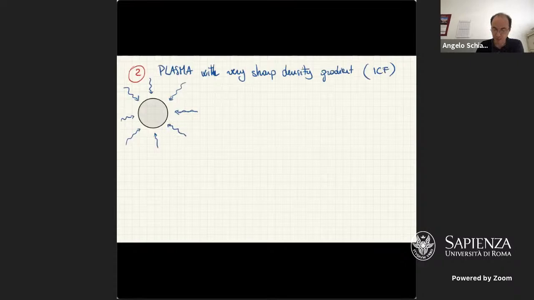And starting from solid density, we have a very dense plasma that rarefies progressively so that the density is dropping in the radial direction.